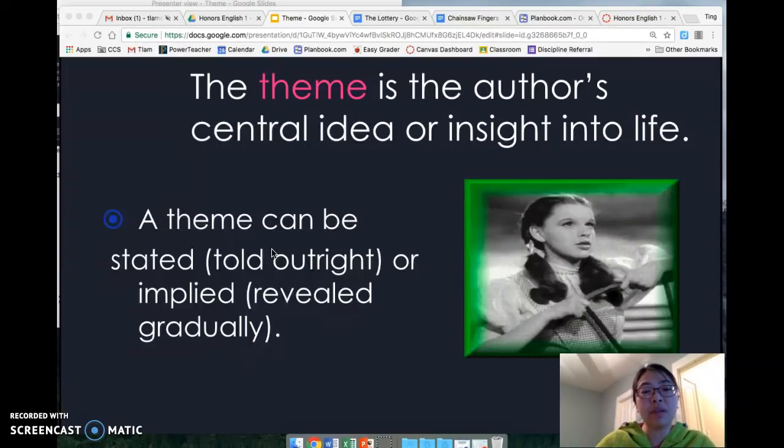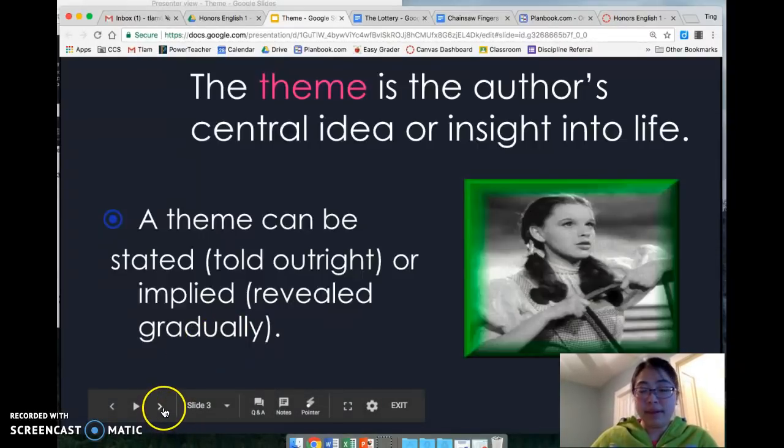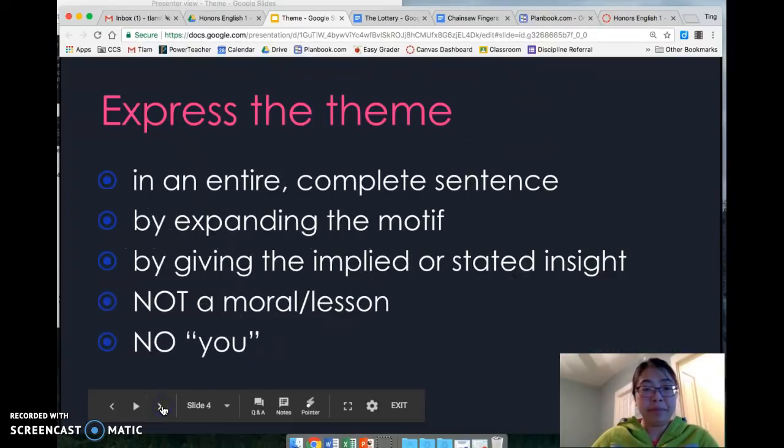A lot of the stories that you've read so far, the theme is very obvious, especially when it's stories like fairy tales or maybe fables. But as you're reading more and more complex texts, the themes will be revealed gradually, and you'll oftentimes have to interpret the theme on your own by looking at the other elements of fiction.